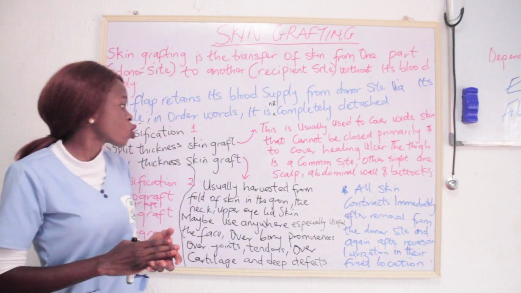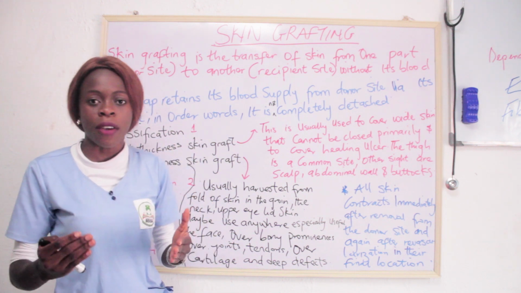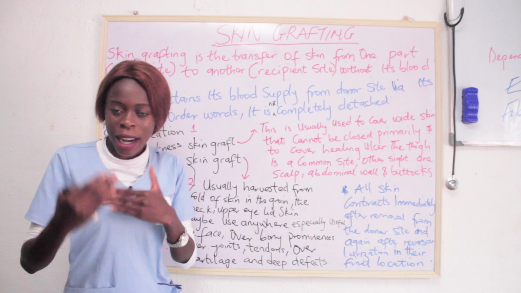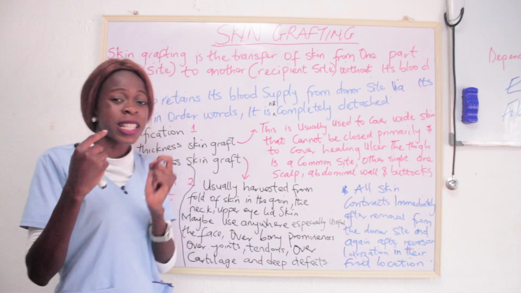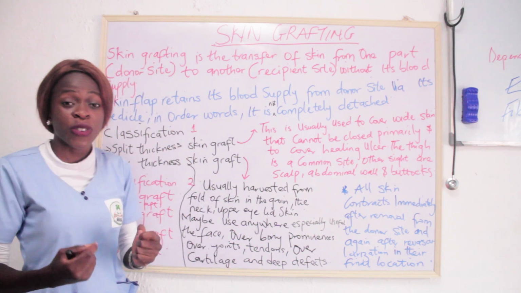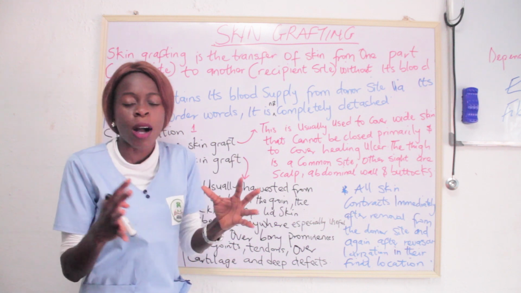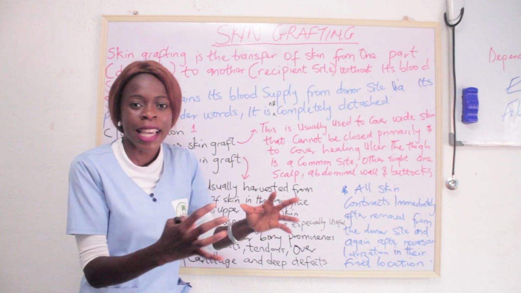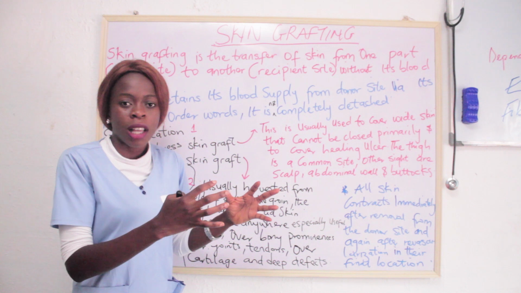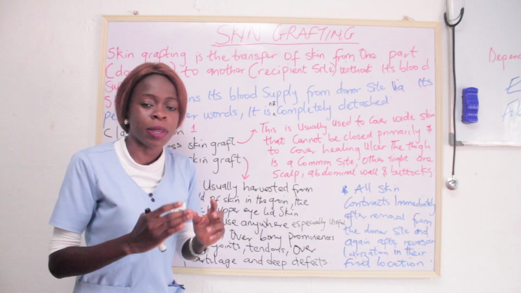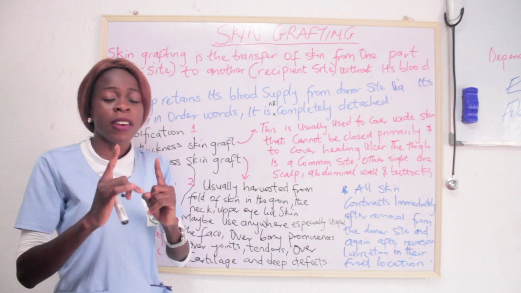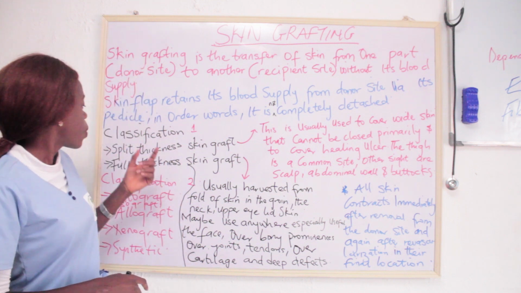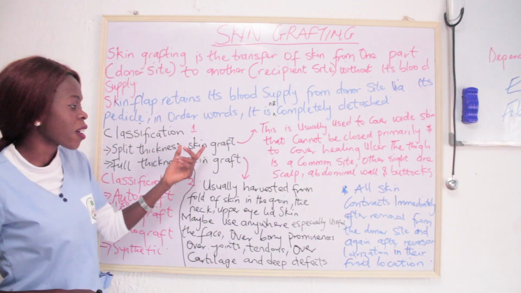Then that takes us to the classification of skin grafts. I have two classifications here. The first classification is a classification according to the amount of dermis that is taken. According to what? The amount of dermis. The first type of skin graft we have is the split thickness skin graft.